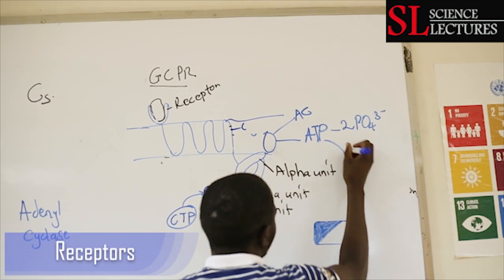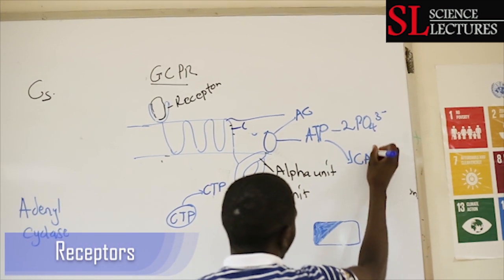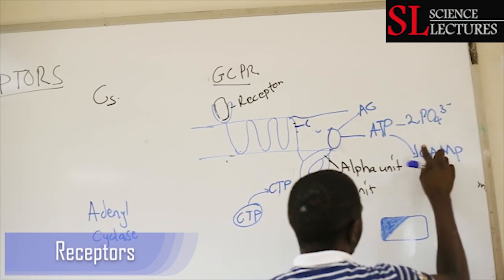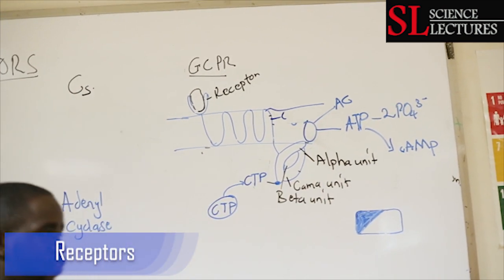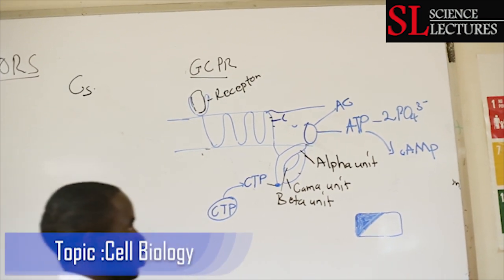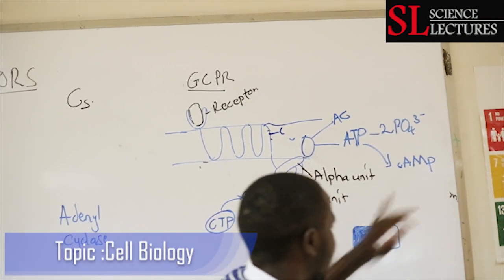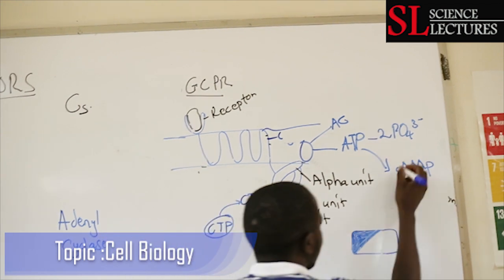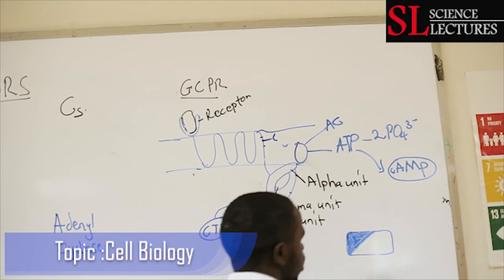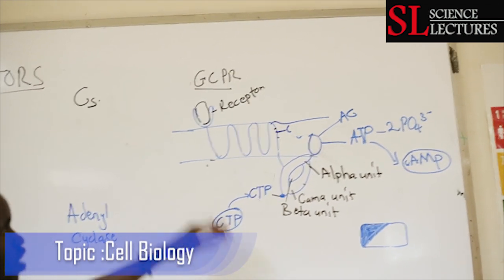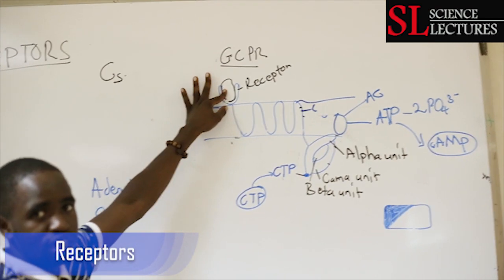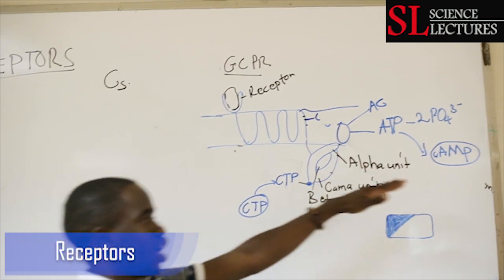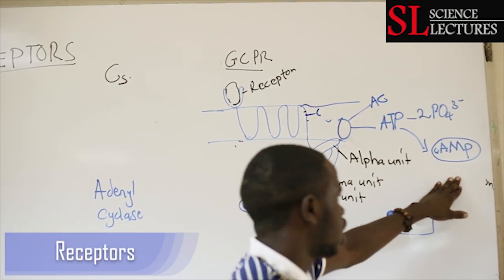So this ATP shall be converted into CAMP, which is cyclic adenine monophosphate. Our CAMP is usually the second messenger. Our first messenger was the signaling molecule on the cell surface membrane.